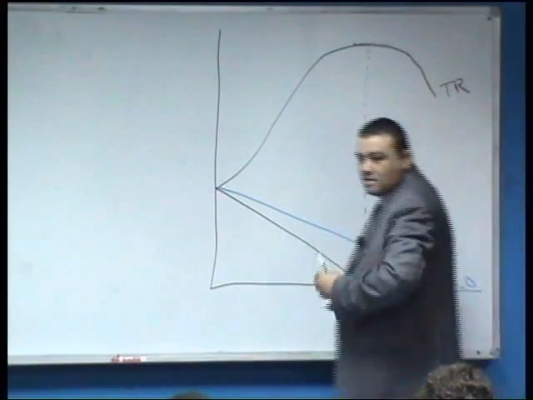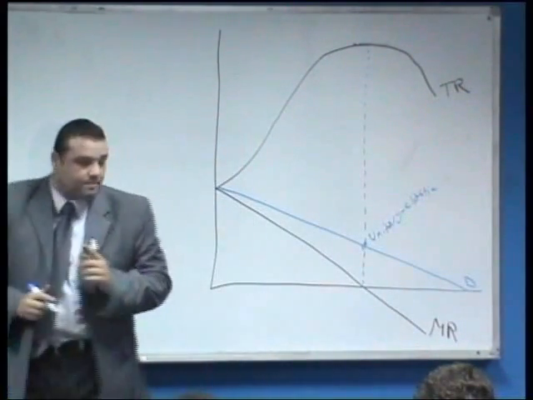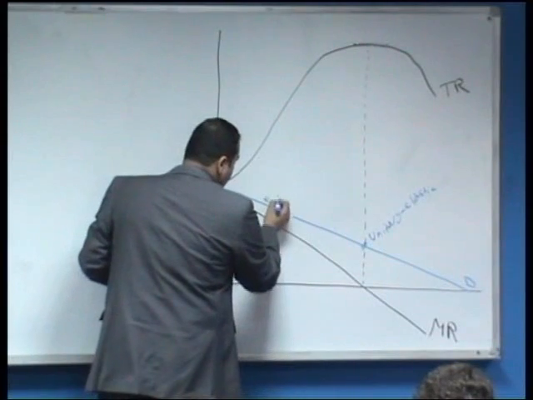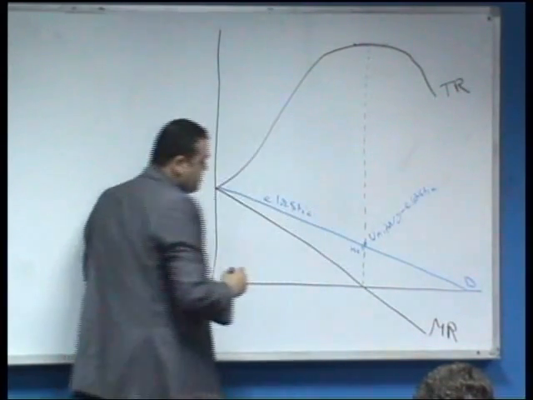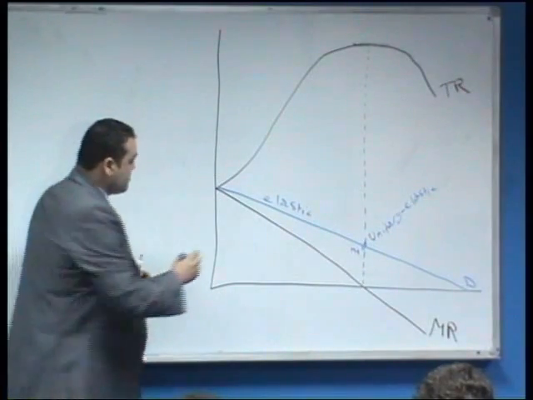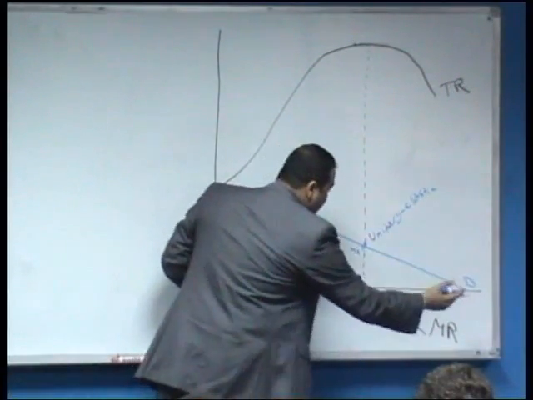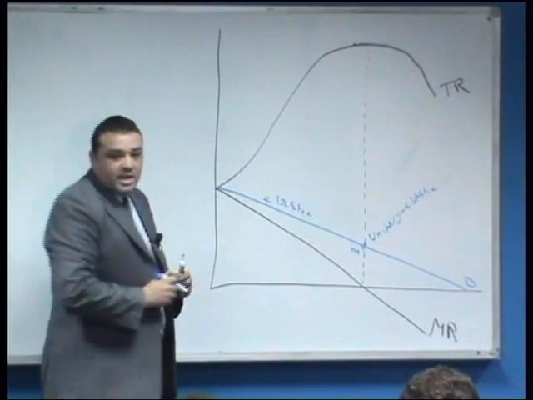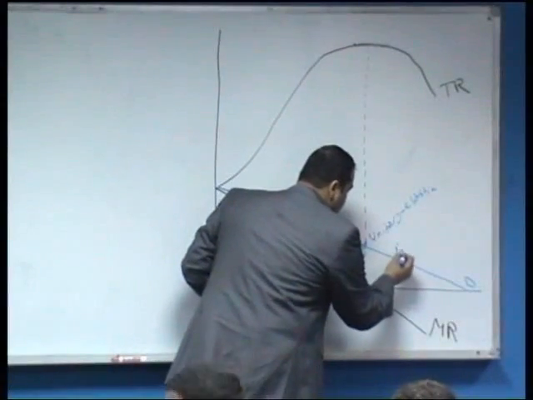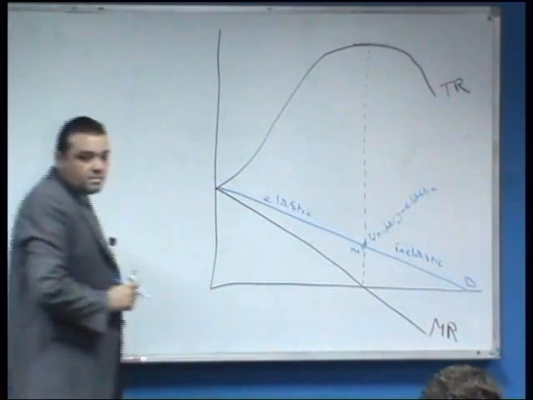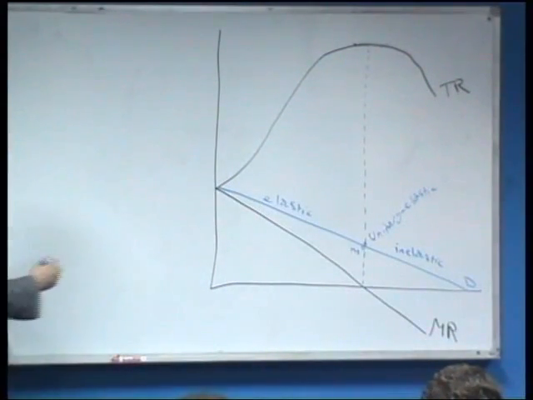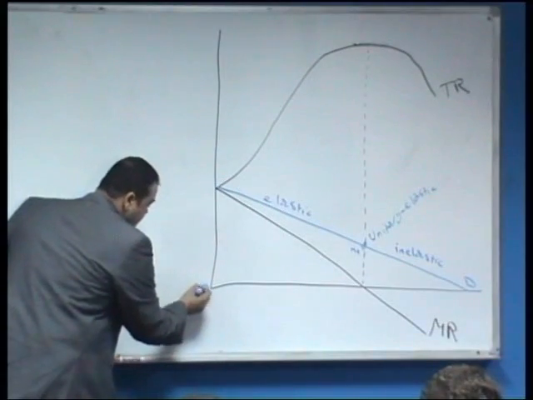On the left side it would be elastic. Suppose this is point M. On the right side, it would be inelastic. Right? Okay. And this is the zero line.